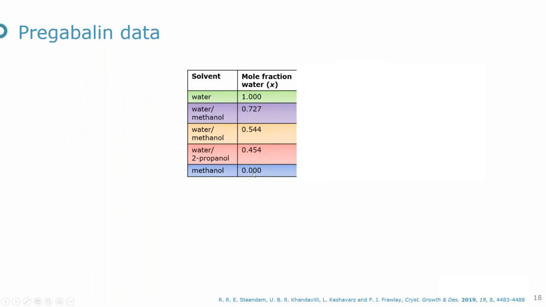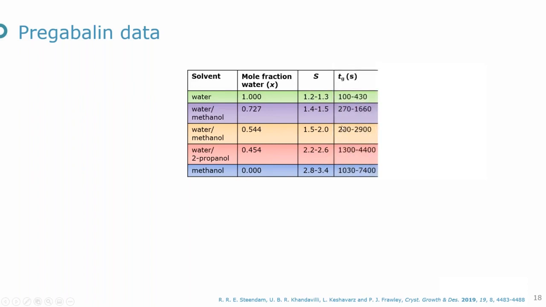And we also use pure methanol to have a system in which we don't or hardly have any water. So here we also noticed that if we decrease the amount of water, the driving force for nucleation has to become higher. In other words, water facilitates crystallization of the API.